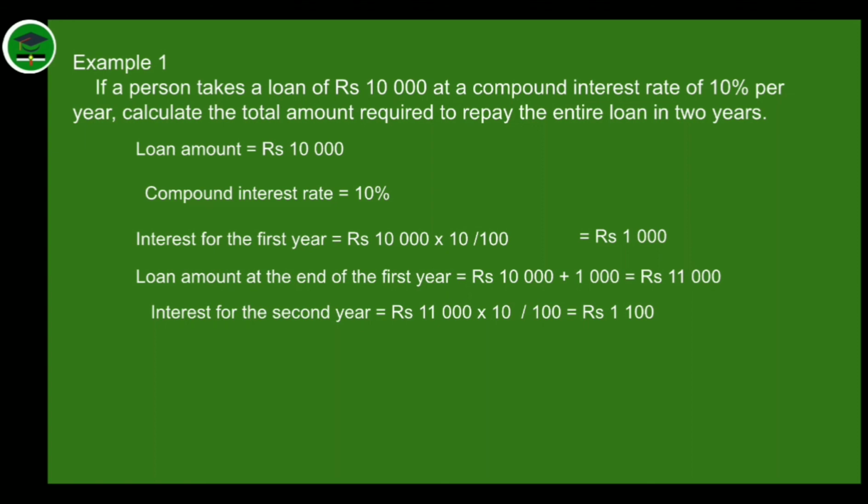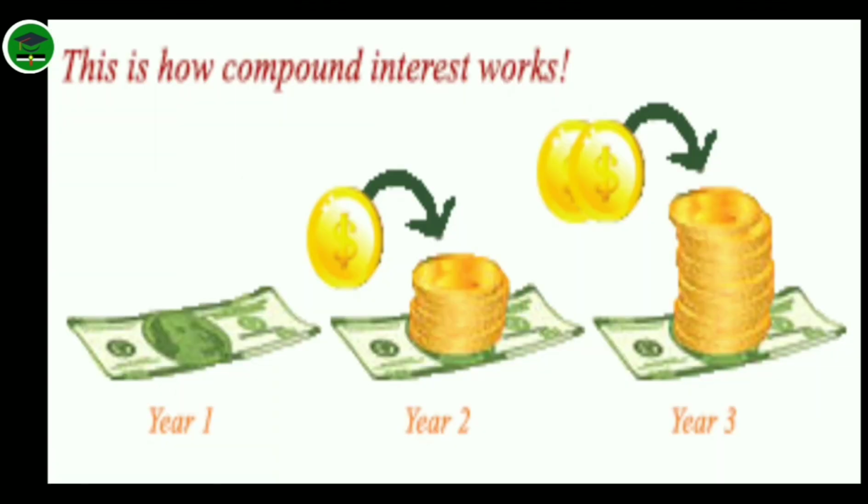So the loan amount at the end of the second year, you have to add 11,000 plus this 1,100, that is 12,100. This is what they ask. So this is how compound interest works, right? Again calculate the interest for the total amount at the second year.